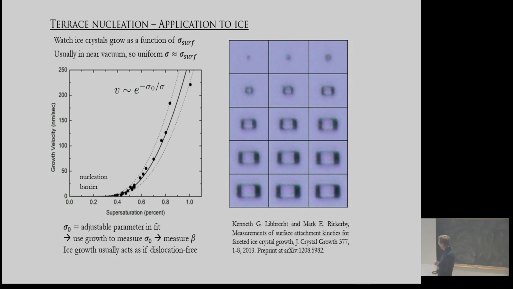Amazingly enough, when you do these experiments for a long time, you find that ice looks an awful lot like it has no dislocations that really affect the growth. I mean, the idea of a perfect crystal is fiction. They tell you that right away in the crystal growth business. No such thing as a perfect crystal, but it behaves an awful lot like a perfect crystal because it doesn't seem to have any dislocations that affect the growth. This just fits this curve perfectly.